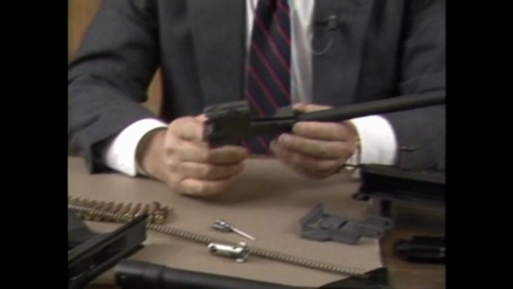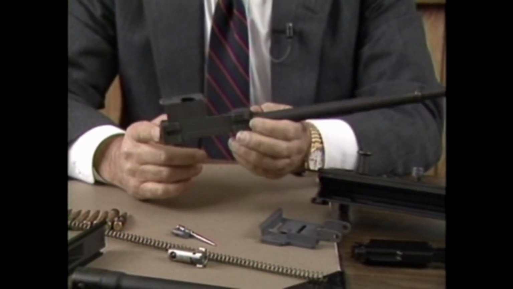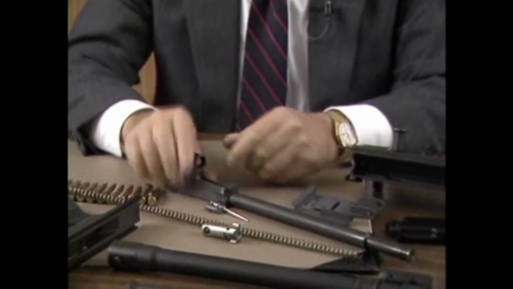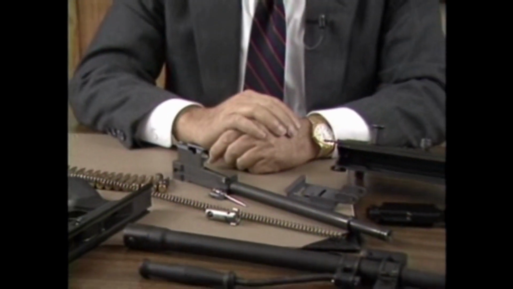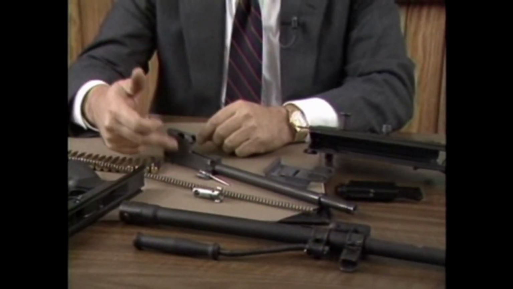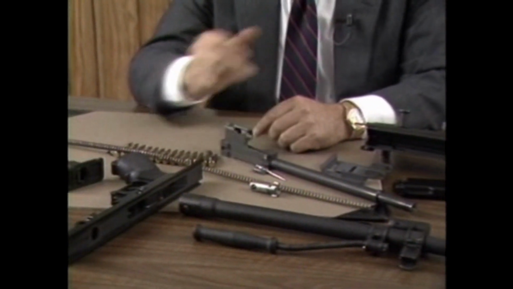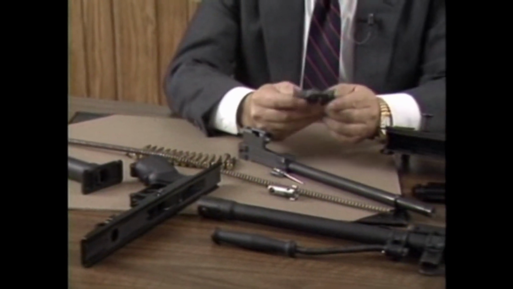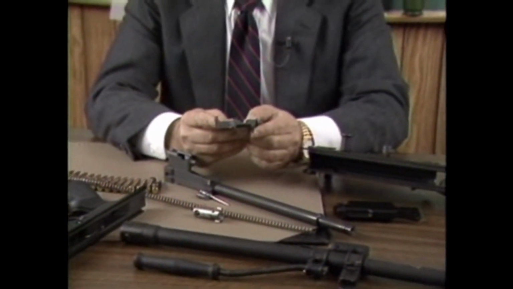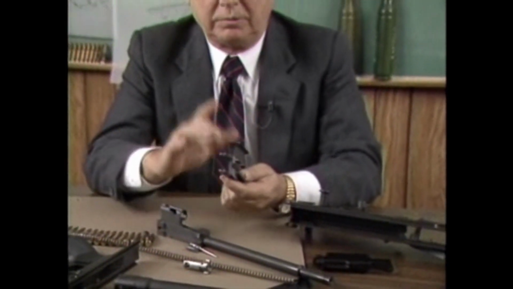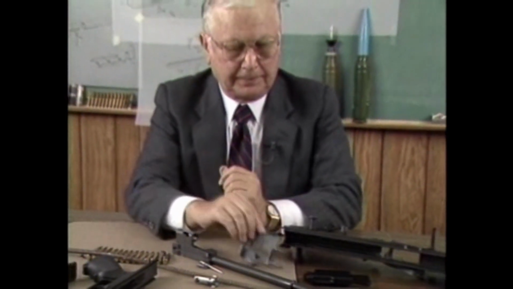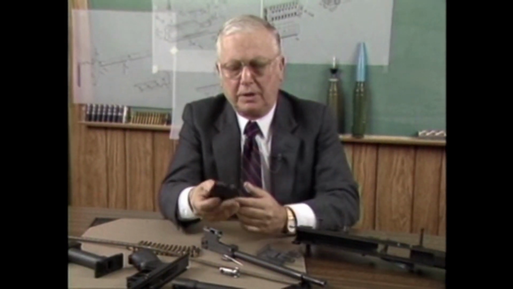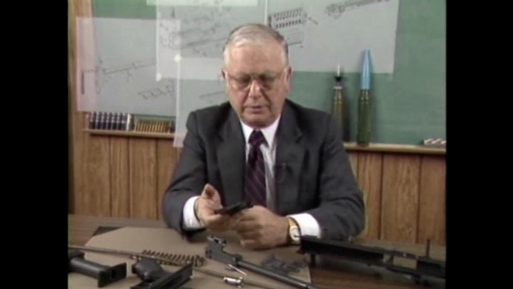Bolt carrier, which is probably the next most complex part, is done the same way. The other parts are basically castings that require very little machining on them. They're basically cast to shape and then maybe holes reamed out or whatever. This housing here, this feed cover, is an NC part also.